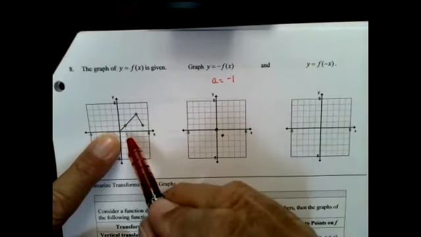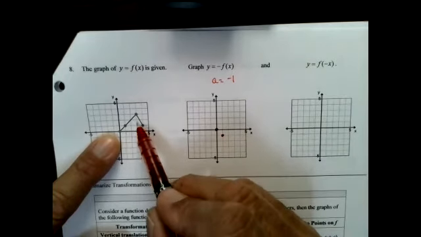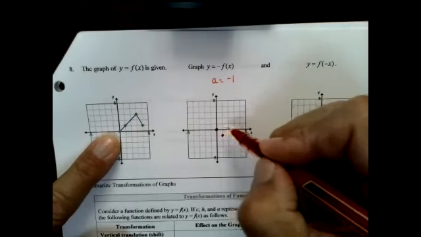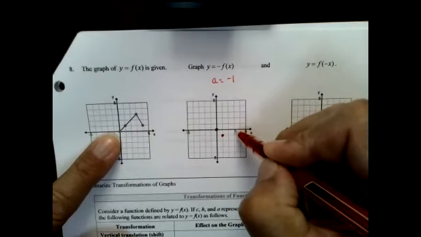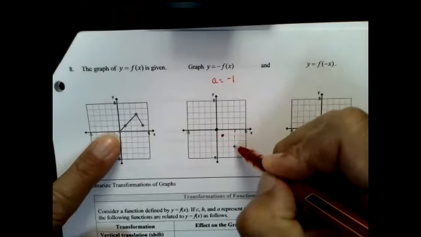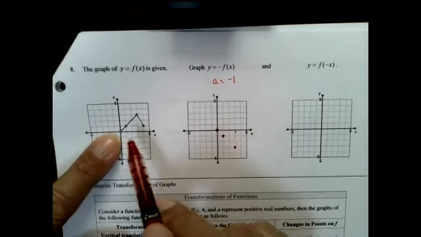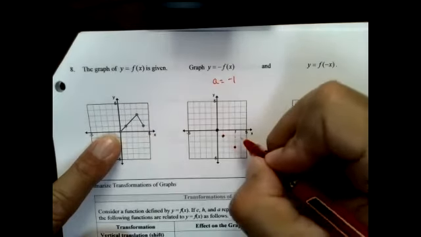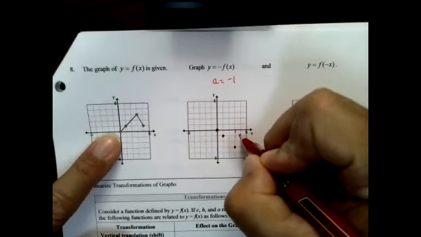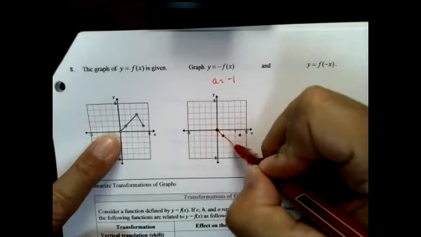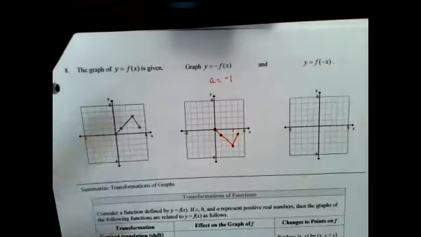When I take a look at this next number, 1, 2, 3, positive 3, I'm now going to go 1, 2, 3 and make it negative 3. And finally, I go to 4 and I'm up at positive 1. Now I go to 4 and I make it negative 1. And if I connect the dots, ta-da!